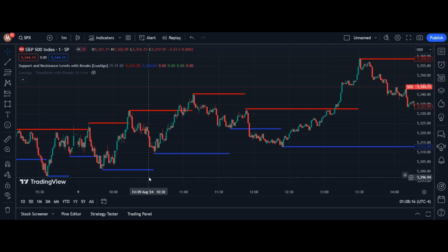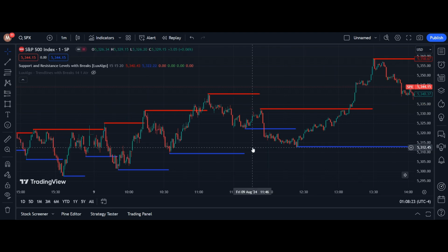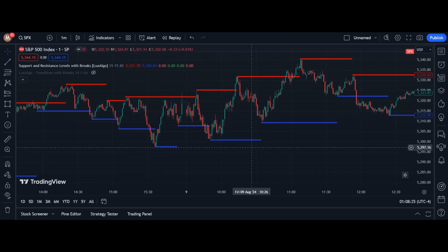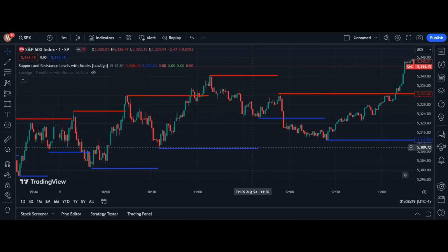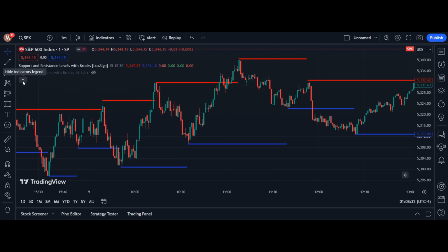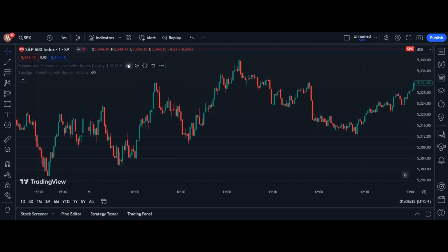But basically, we're going to try and predict this big up movement right here. Because the market is closed, I don't have any real time, so we can't real-time trade. So I'm just going to zoom in, close this a little, and hide these.